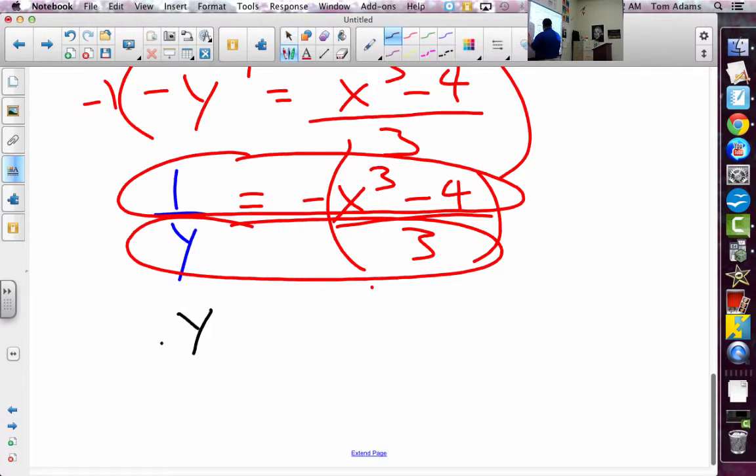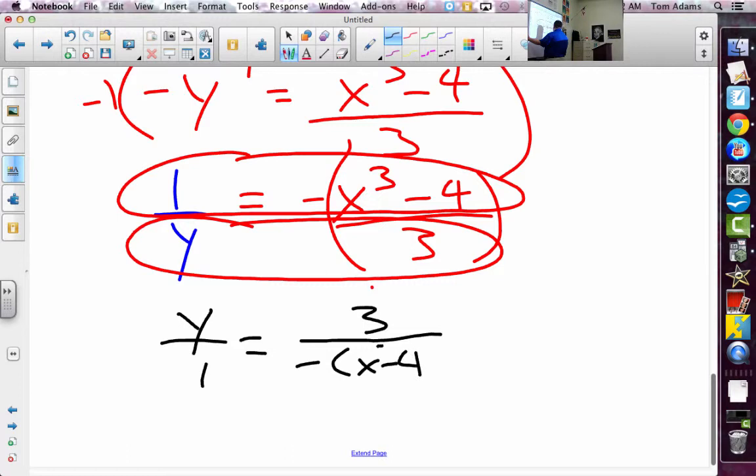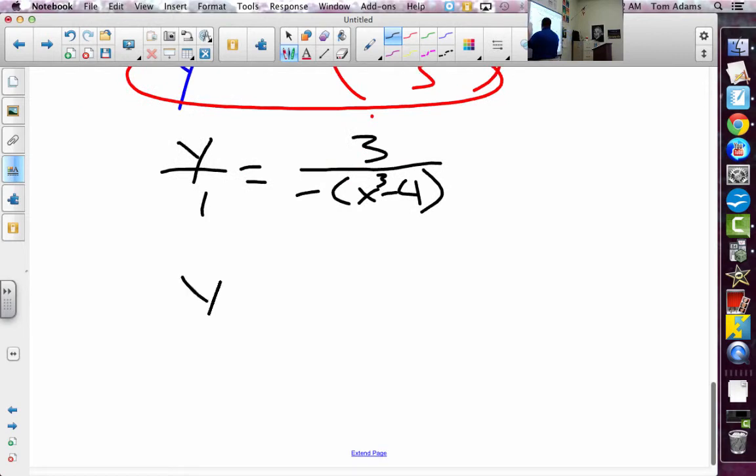That would give me y over 1 is equal to 3 over negative x cubed minus 4. Or y is equal to 3, and I'm going to distribute this negative 1 through the parentheses, positive 4 minus x cubed.